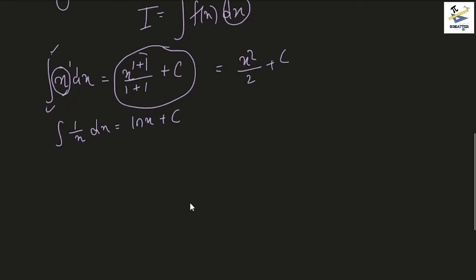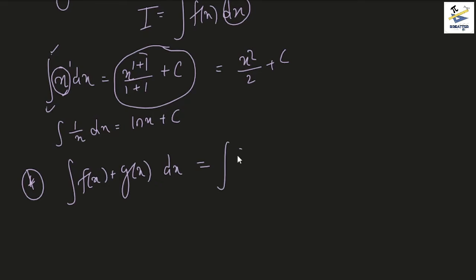Okay, so we do know about these basic differentiations, and let me now iterate some of the facts. Integration of f of x plus g of x dx. When there are two functions added, we can write them as integration of f(x) dx plus integration of g(x) dx. It's actually plus minus, even for minus it works.